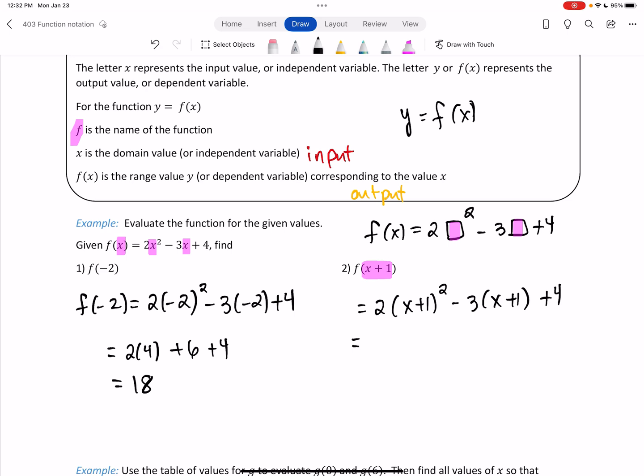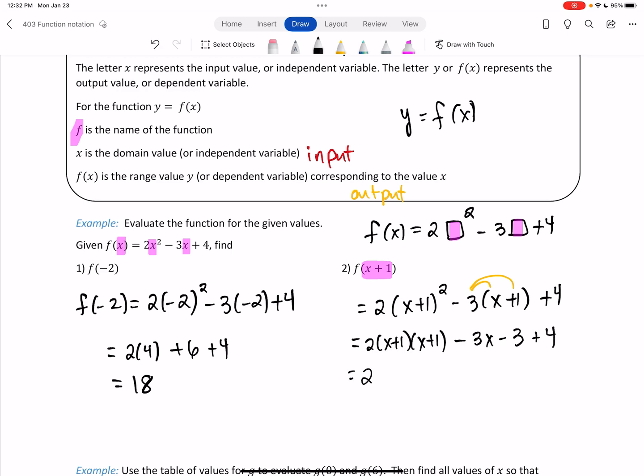And again, if you need to simplify this, you're going to have to do some algebra. To do x plus 1 squared, that's x plus 1 times x plus 1, so you're going to use that distributive property. Same thing here, this 3 is going to go down to both of those terms. So minus 3x minus 3 plus 4, okay?